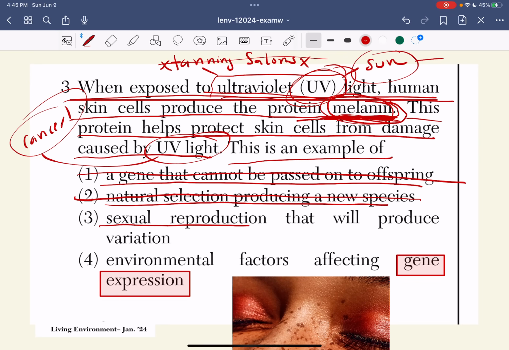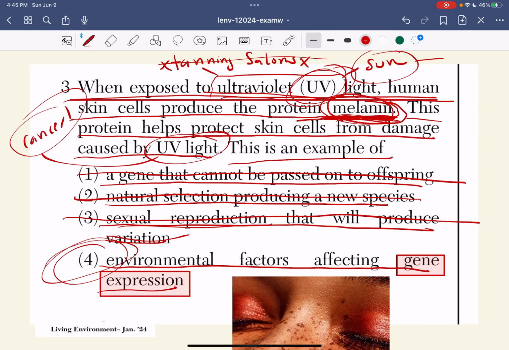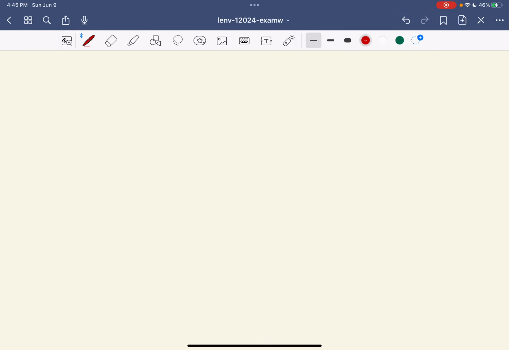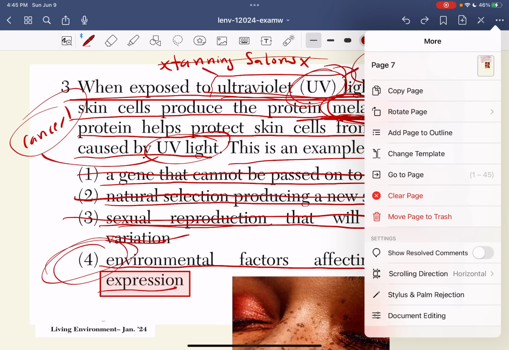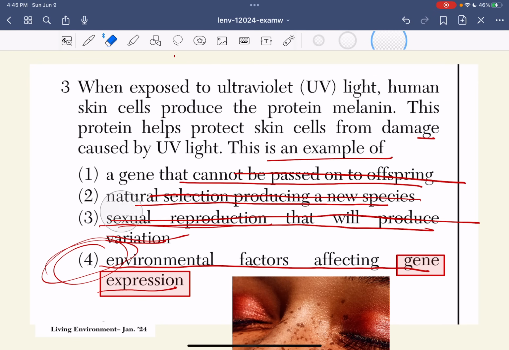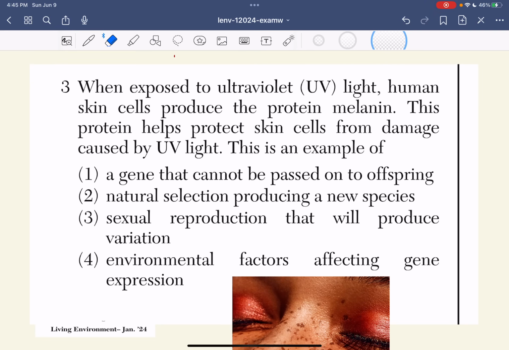Sexual reproduction that will produce variation. No, we're not talking about sexual reproduction right now. Environmental factors affecting gene expression. Yes. Okay, let me clear the page. Well, that didn't work. Let me just erase this. So the correct answer for number 3 is environmental factors affecting gene expression.